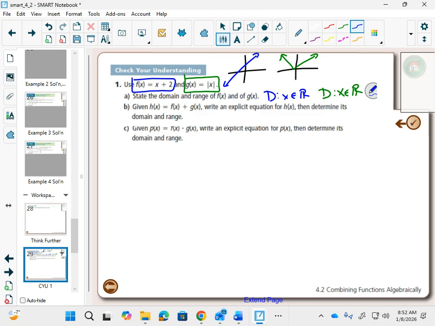From the equations, you could figure that out as well. When figuring out domain from equations, you ask yourself, is there any x value that's not allowed? X plus 2, were you ever taught in middle school, oh, you can add 2 to everything except for, you never can add 2 to 3? No, nothing exists like that. So you can also look at the equation to determine that domain would be everything.